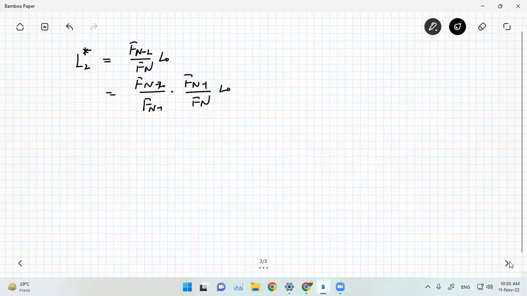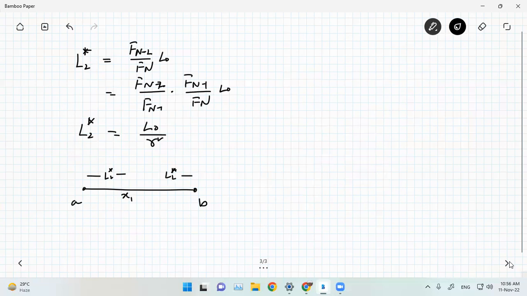Ultimately, if you apply the limit, this will be L0 by gamma square. This is how we are going to find L2. As you can recall, if this is our A and this is our B, then A plus L2 star will give you X1, and B minus L2 star will give us the X2 value. Based on these two values, X1 and X2, we have to find the function values.